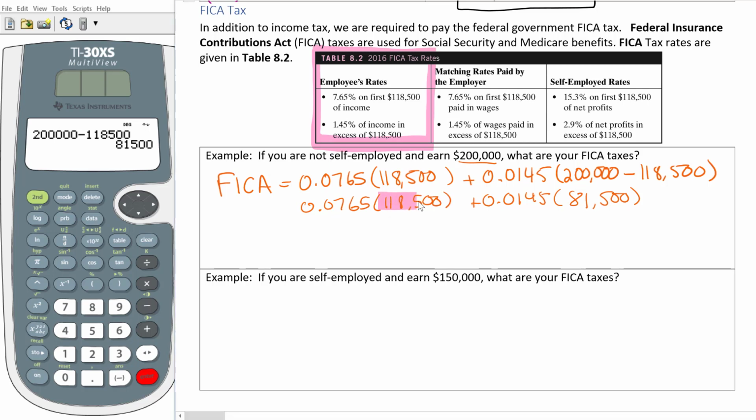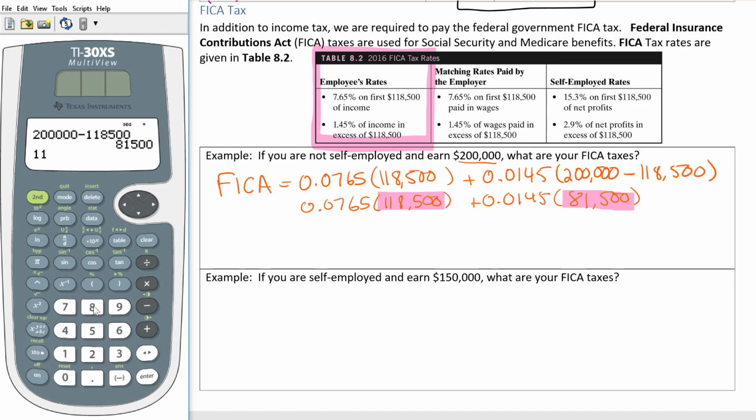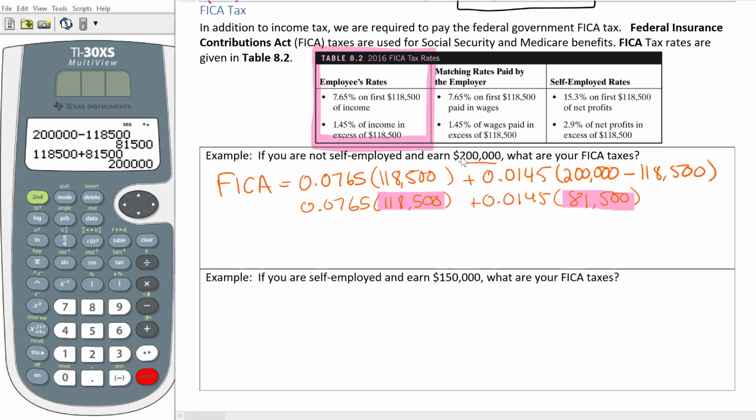Now, if you take the two groups of money and add those up, you should get the 200,000. So 118,500 plus 81,500, and that should add up to my total, which is 200,000, and it does. So I've correctly subtracted off the excess that we don't need.